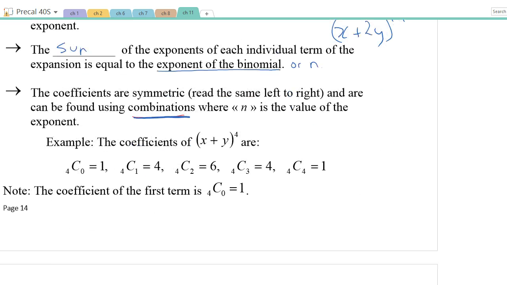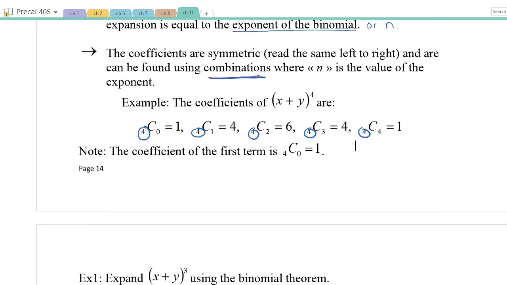Isn't this neat? 4 things taken 0 at a time is equal to 1. 4 things taken 1 at a time is equal to 4. 4 things taken 2 at a time is 6, and so on. Oh, okay, isn't that cool? So in this example, n is always this one here, right?